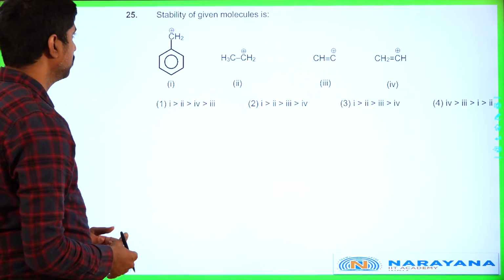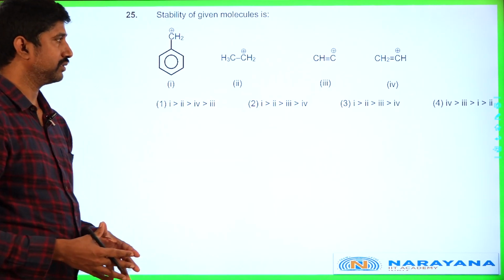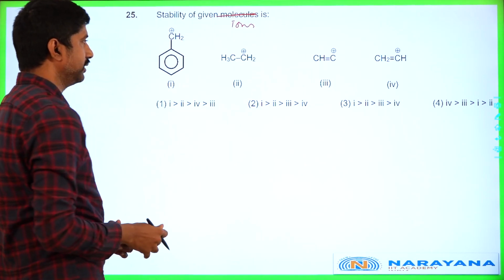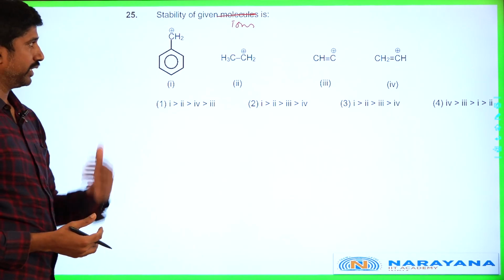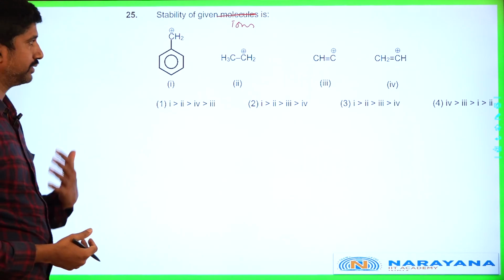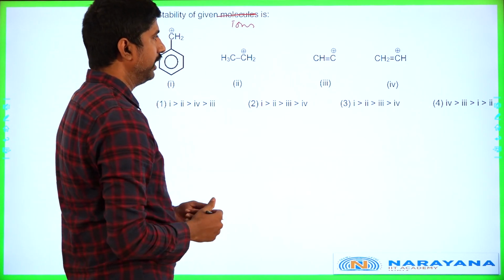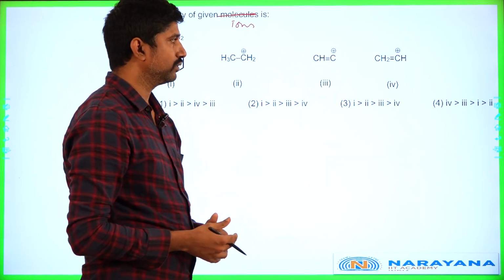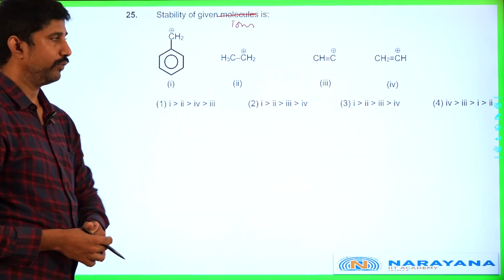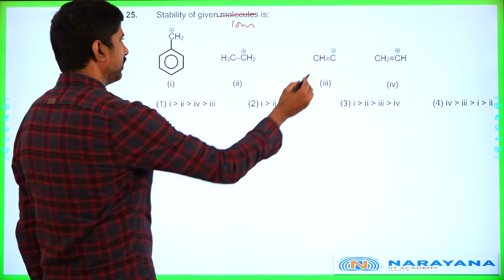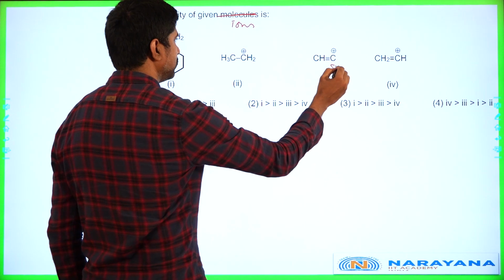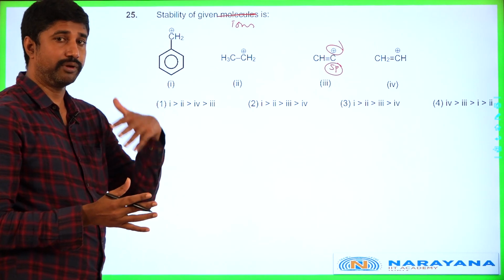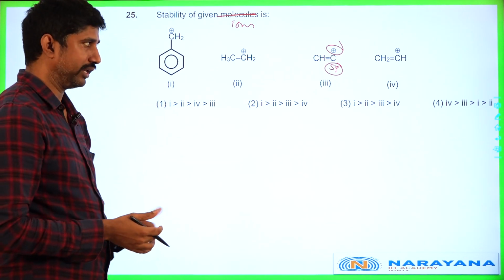Next, the 25th one, stability of given species, not actually molecules, they are ions. Considering the stability of the given ions, the first one is benzyl carbocation, the second one is ethyl carbocation, the third one is acetylene carbocation, and the fourth one is vinyl carbocation. A carbon triple bond means an sp carbon with a positive charge. Normally an sp carbon, triple bonded carbon with positive charge, is highly unstable.